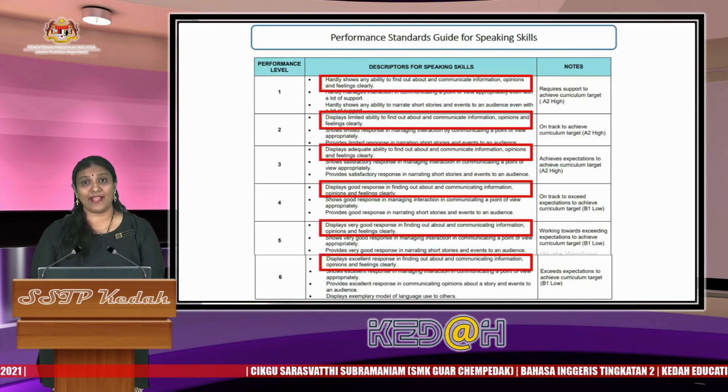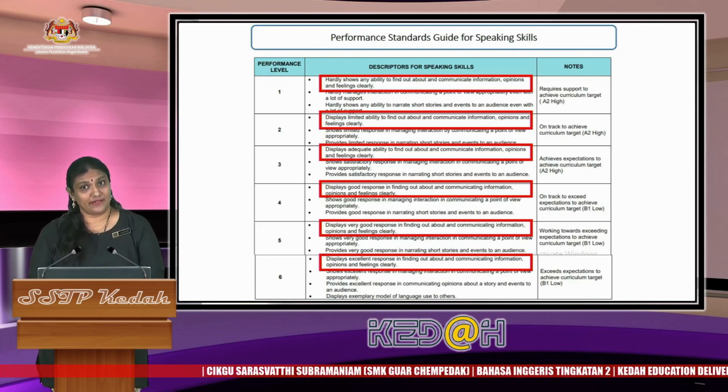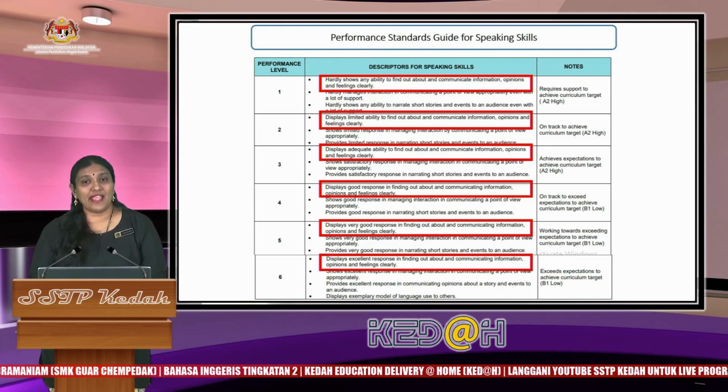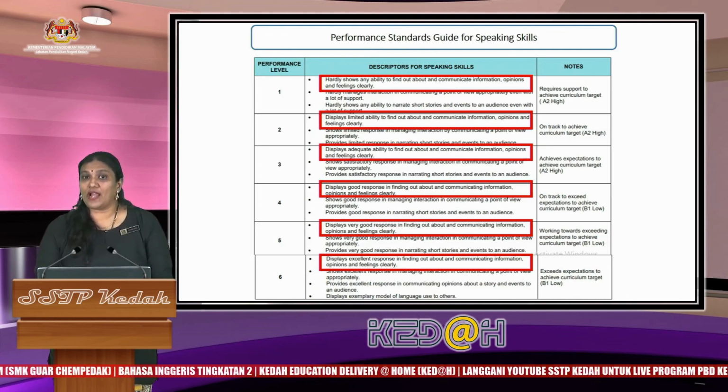We can refer back to the performance standard guide here again. See, performance level 1 and 2 pupils hardly show any ability to find out or communicate information. When they are lacking in vocabulary, they might not be able to answer the questions correctly. Then let's look at performance level 3 or 4.